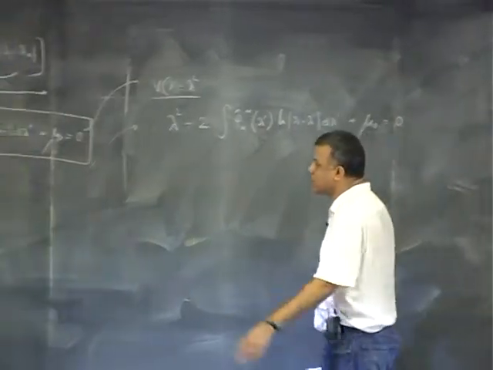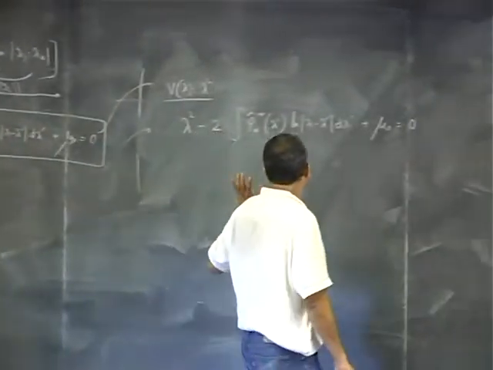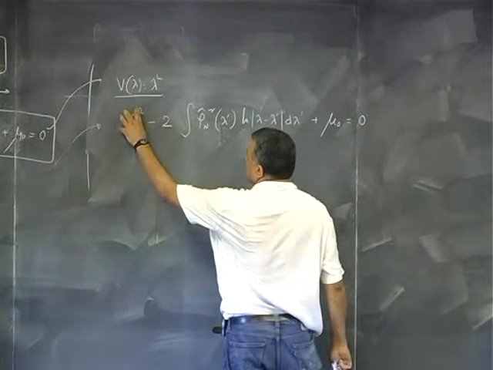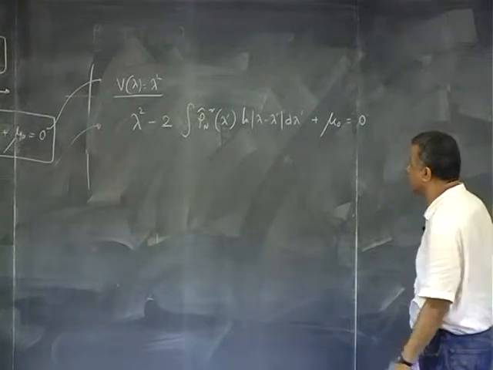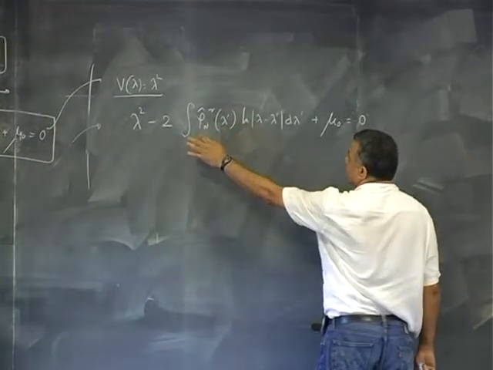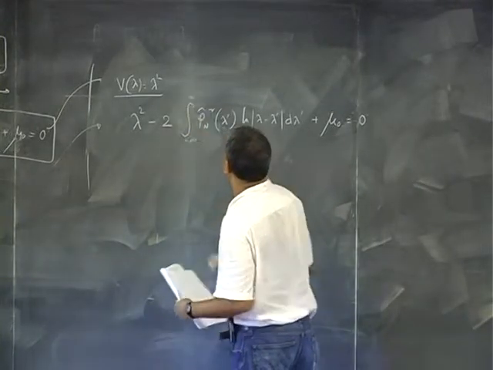Now, if it extended all the way to infinity, you would be in trouble, because this potential energy is growing like lambda square. Suppose the integral was from minus infinity to plus infinity.